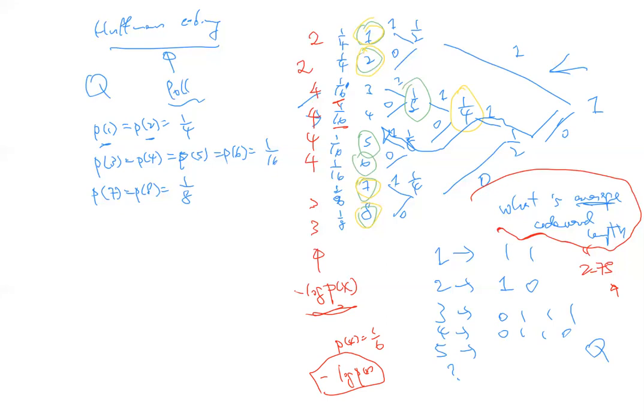One way you can do it, although not very practical, but theoretically, is to group symbols together. Instead of considering one symbol at a time, you consider two symbols at a time.